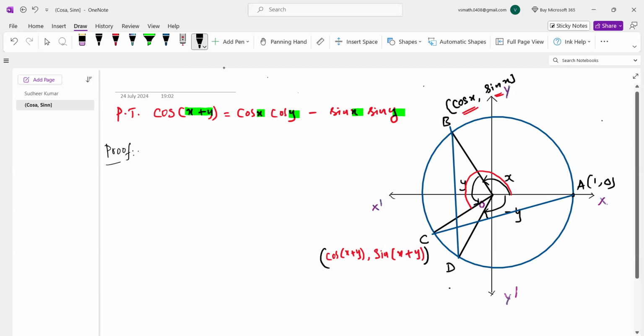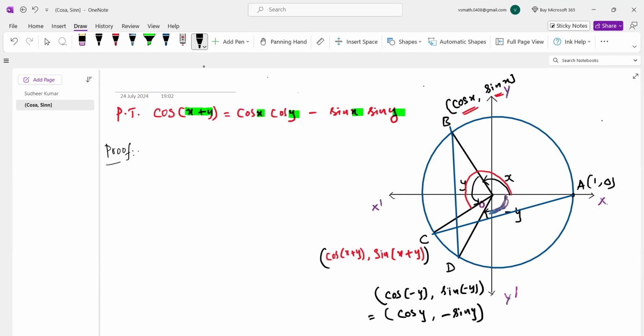Similarly, the coordinates of D, we are taking in this order, are cos of minus y and sin of minus y. So let's simplify here itself. Cos of minus theta is cos theta, so cos y. Sin of minus theta is minus sin y. Hopefully it's clear.